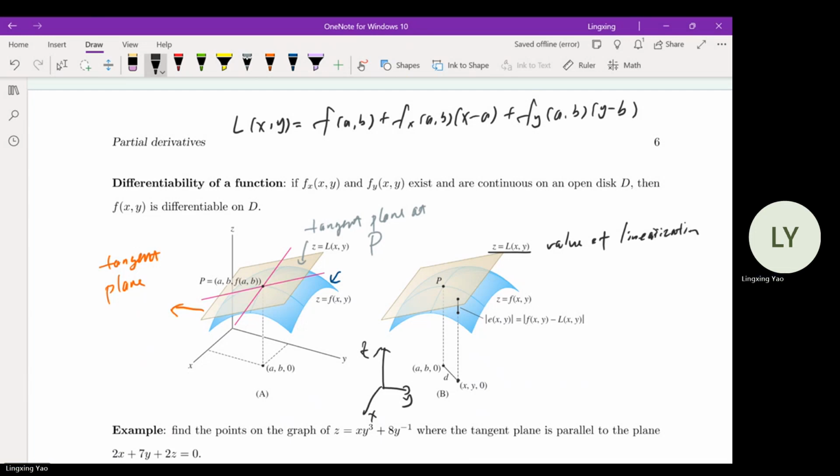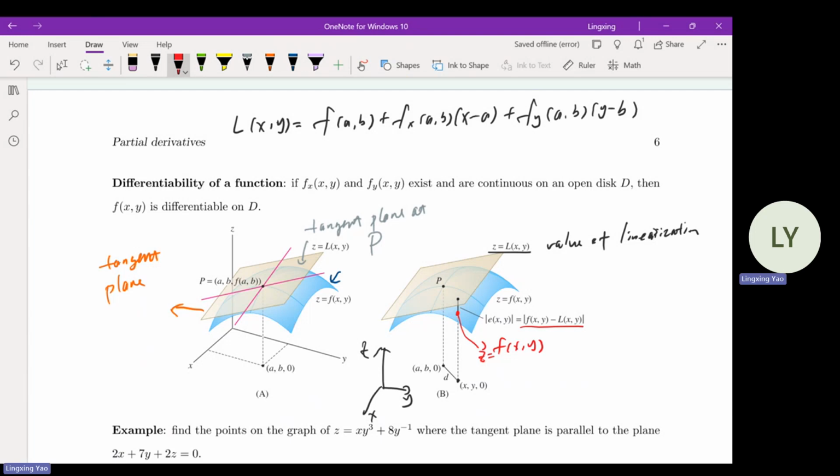And here, at this point of intersection, okay, we got the function value, v equals f of x, y. Okay, and then the distance between those 2 points of intersection will be the difference of the function value and its linearization.